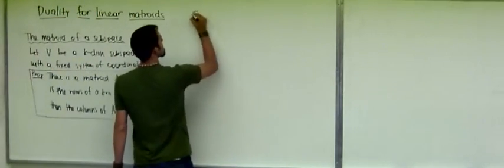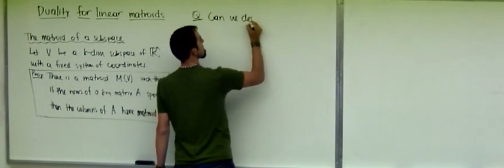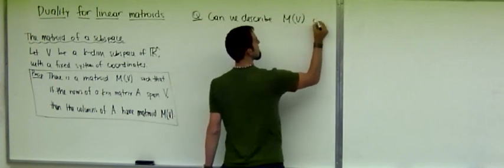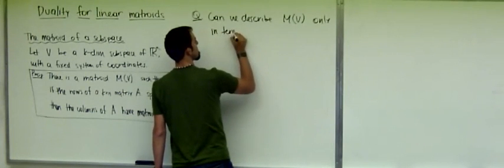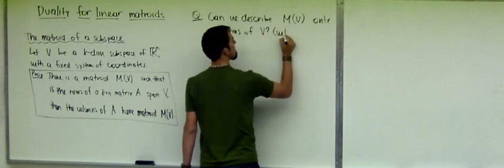So, question: can we describe this matroid only in terms of V, without reference to A?